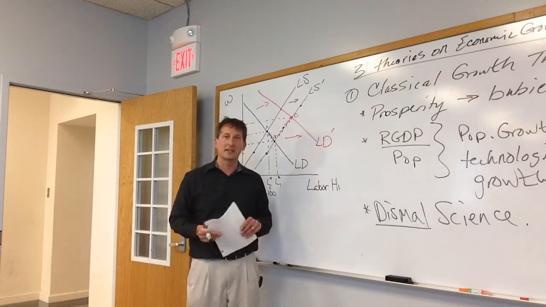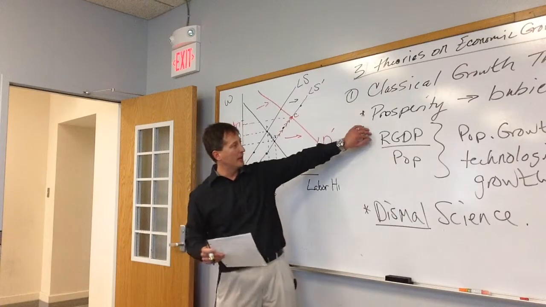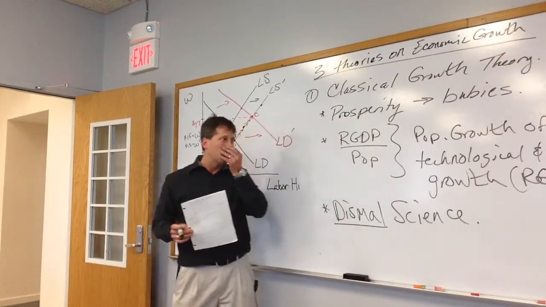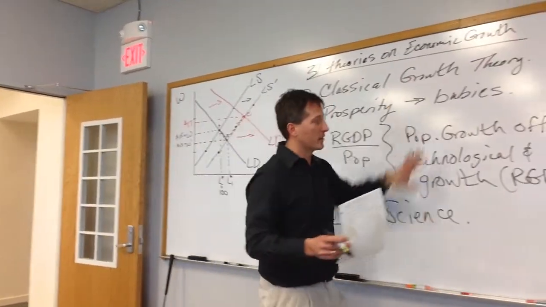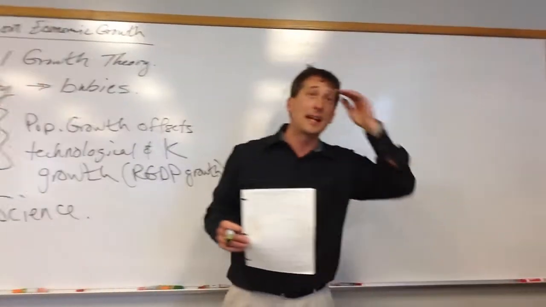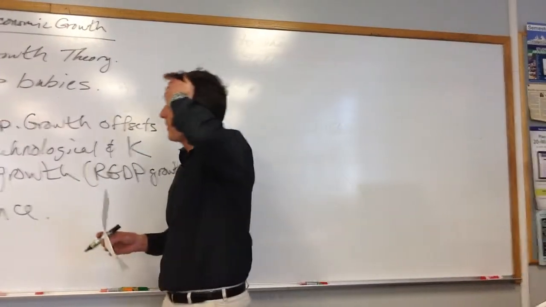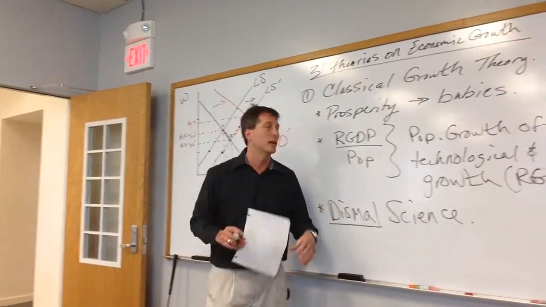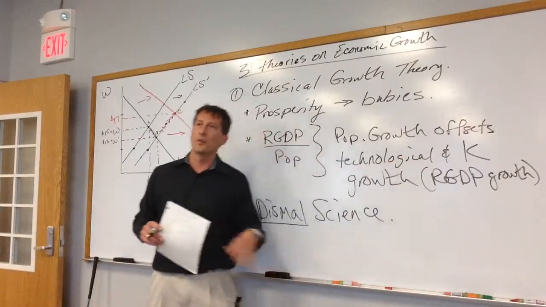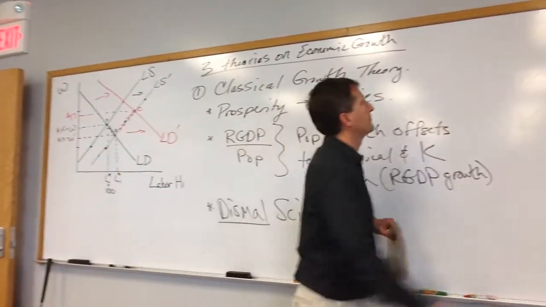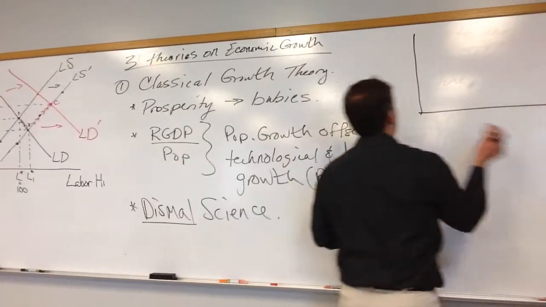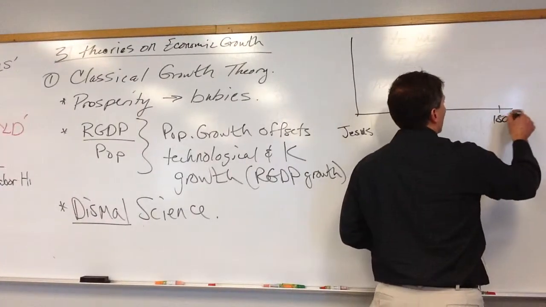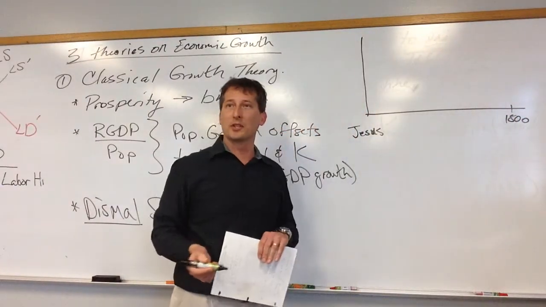It's kind of depressing to think that, oh, we're doing good, but we're never going to be good. We're never going to get that well off. Well, a lot of this went away. The early growth theorists put this together in the 1800s. Imagine Adam Smith wrote his seminal piece in 1776. David Ricardo comes along. There are some other economists that start looking at growth. They take a look at the data from Jesus to the 1800s, and guess what real GDP per person looks like?